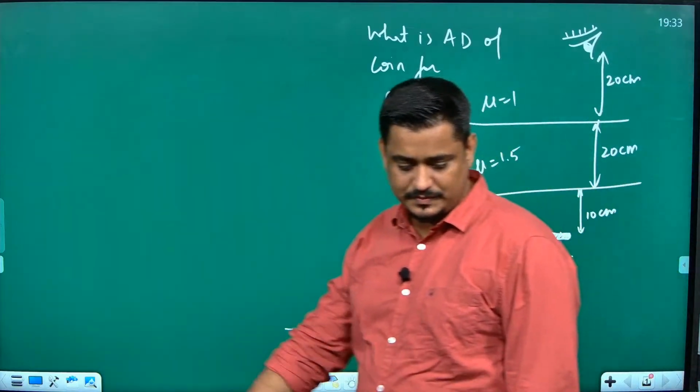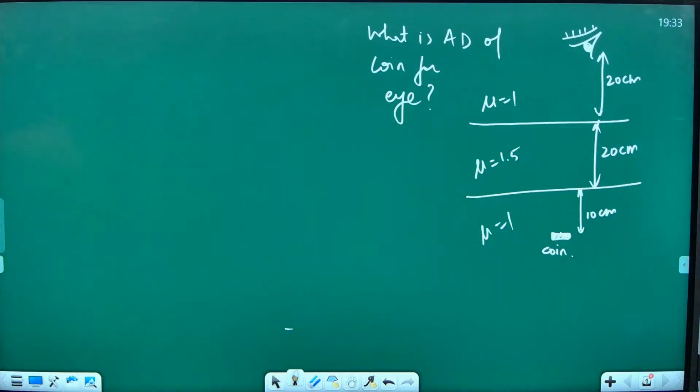Make it fast. For the eye, what is the apparent depth of the coin?